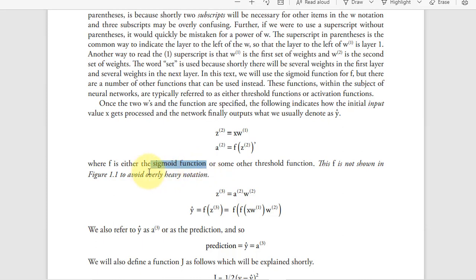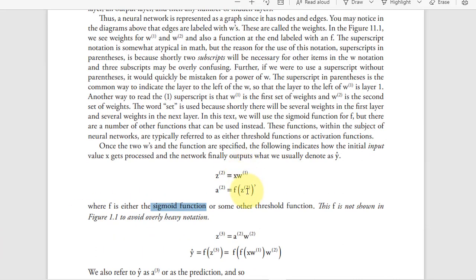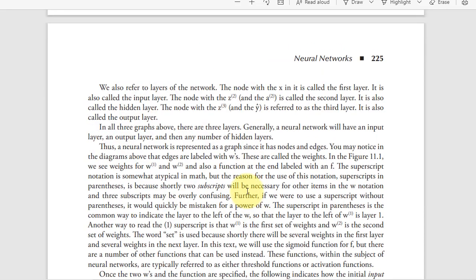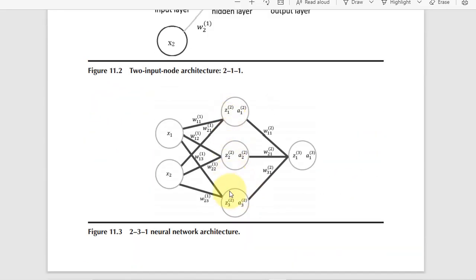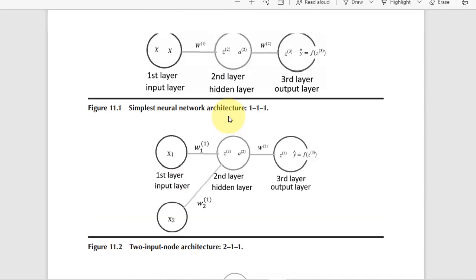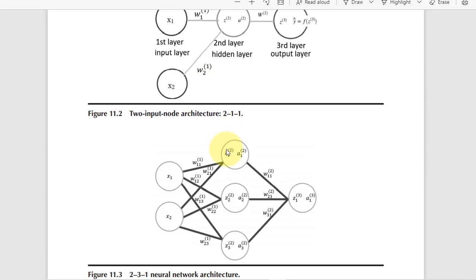So let's suppose, though, that we're going to put it into a sigmoid function. So we're going to take whatever we got as the input, in other words, the z value, so these z values, or this z value, and any one of them, we're going to put that into the sigmoid function, and that's going to give us an output.